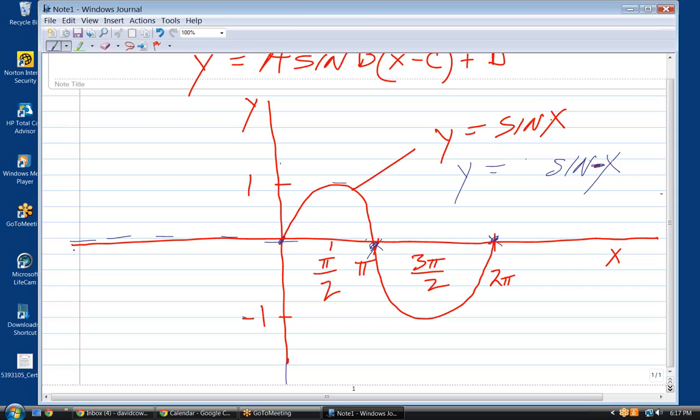What reflection does that make? That's a reflection over the y-axis. Okay? So that curve would look like this.